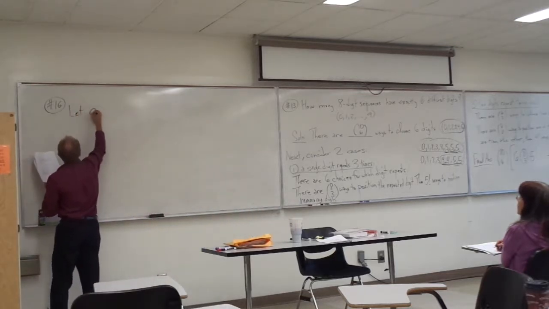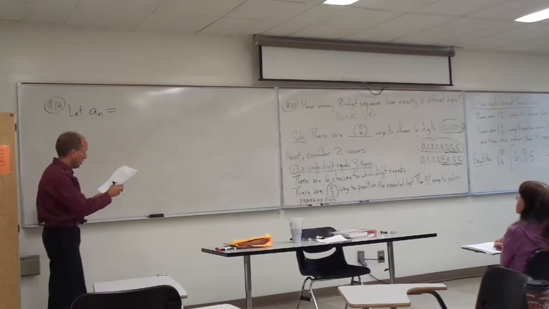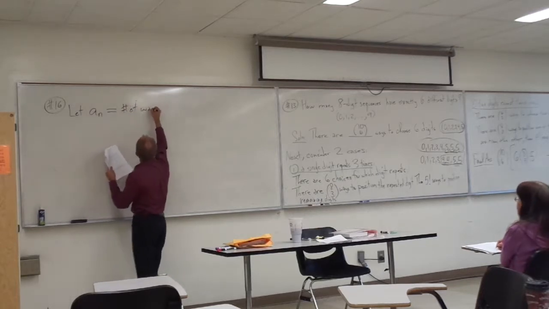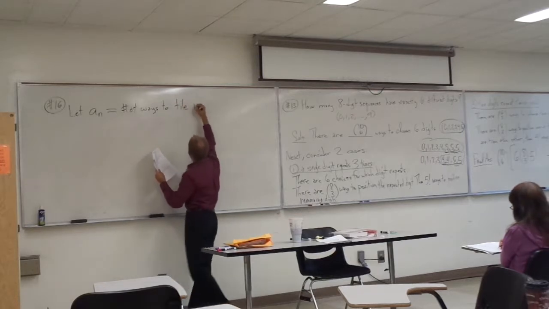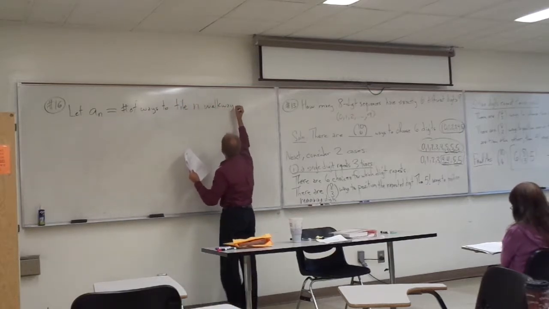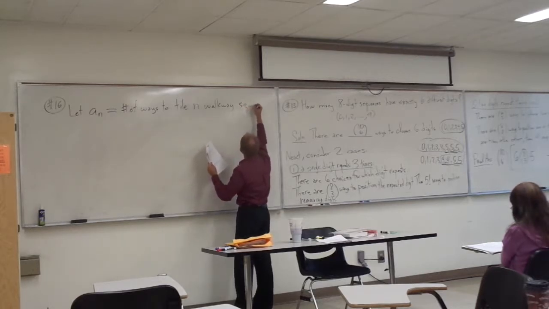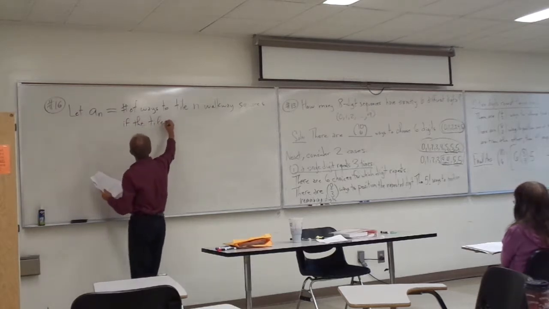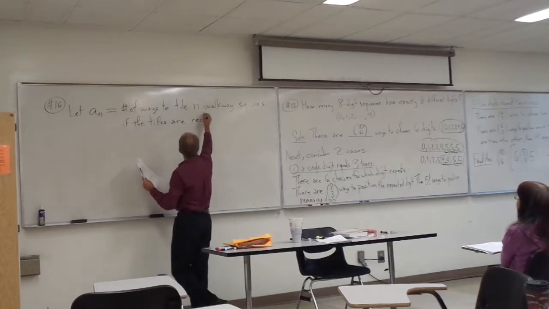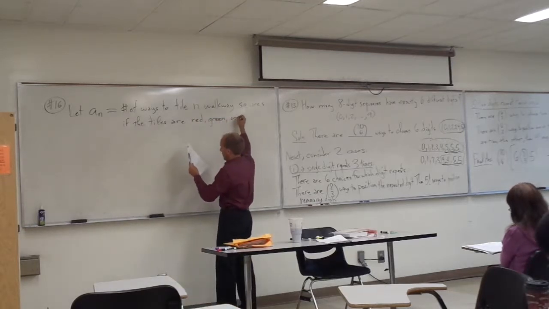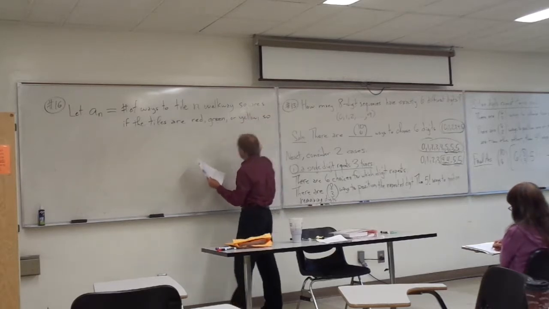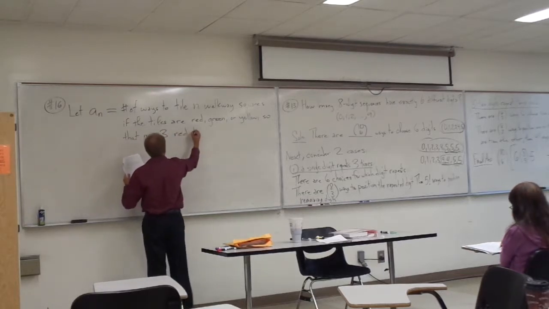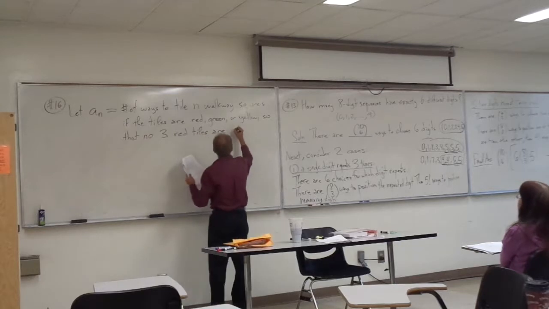This says, and I'm going to abbreviate the question here: let a sub n equal the number of ways to tile n walkway squares if the tiles are either red, green, or yellow, so that no 3 red tiles are consecutive.